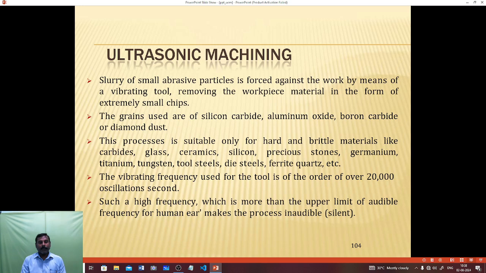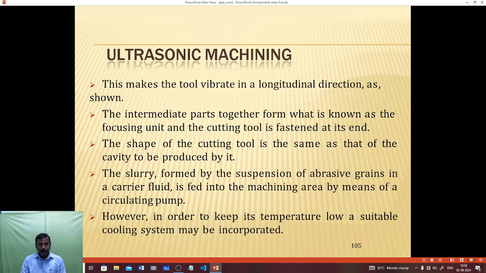The vibrating frequency used for the tool is of the order of over 20,000 oscillations a second. Such a high frequency, which is more than the upper limit of audible frequency for the human ear, makes the process silent.